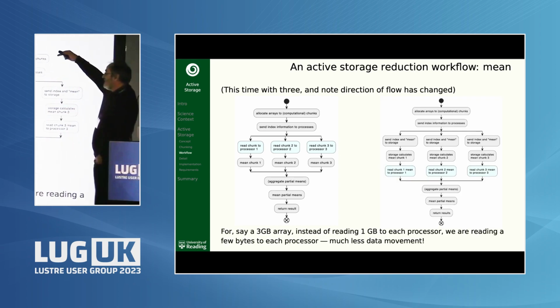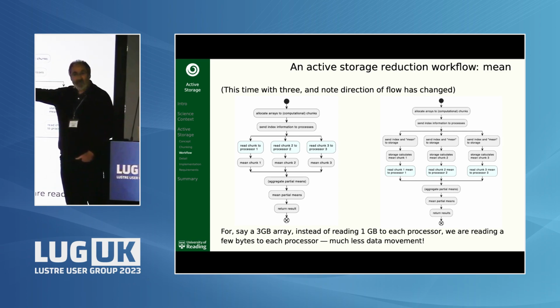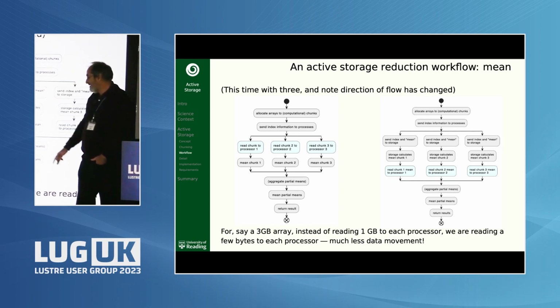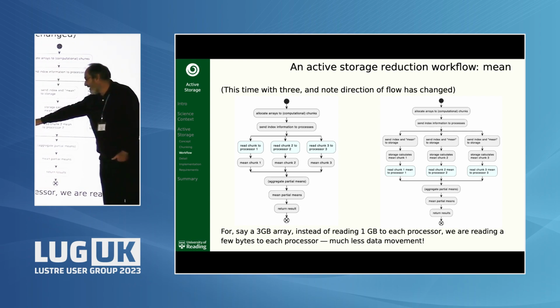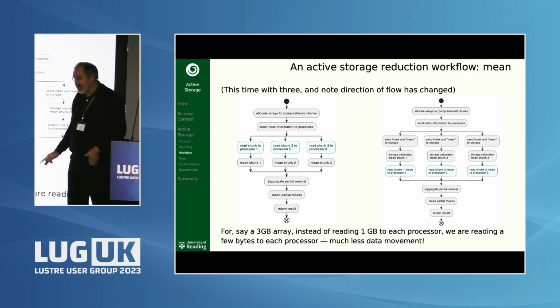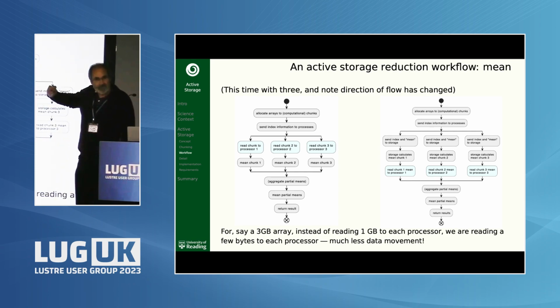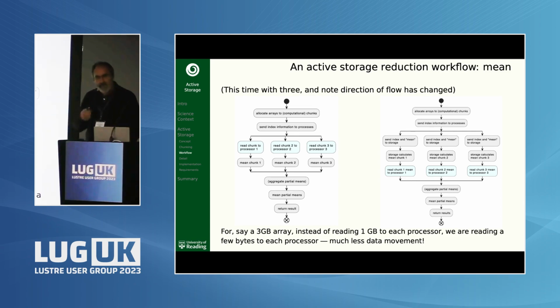But in a computational storage environment, we do the same stuff at the top, then send the index and the command, do me a mean, to storage. Storage calculates the mean on the first chunk, returns just the mean. Suddenly I'm moving much, much less data. I'm moving 3 numbers instead of God knows how many numbers I've got in each chunk. So that's how we can do computational storage and why reductions really help us in terms of data movement.